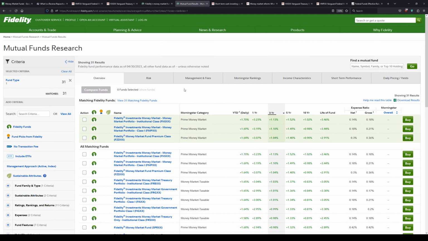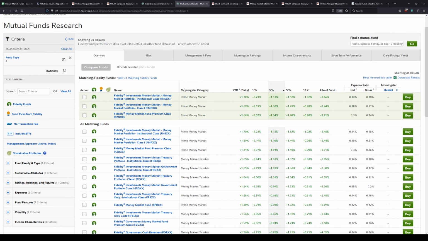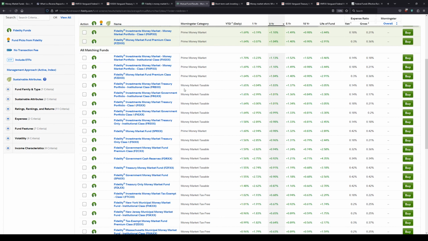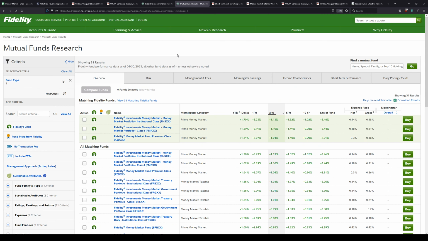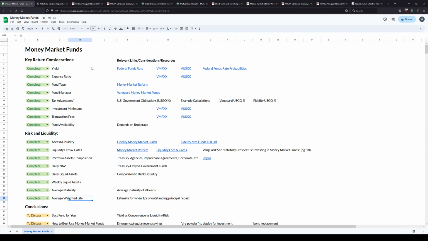For those who have an account with Fidelity and are not interested in creating a Vanguard account, the decision on which money market mutual fund to pick is a little bit more complicated, as there are 31 options to choose from, as opposed to the 6 or 7 at Vanguard. But I'll leave it as an exercise for the investor to apply the tools that we've gone through, and you should be able to narrow it down likely to 2 or 3 money market mutual funds that look competitive as potential options for the best fund for you.